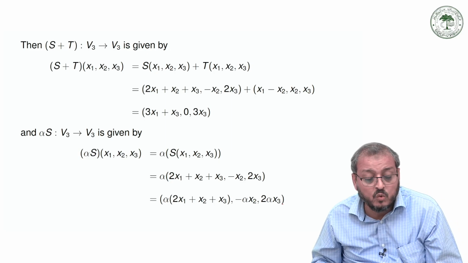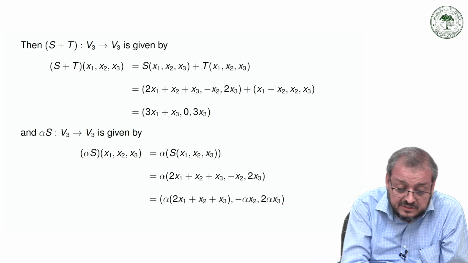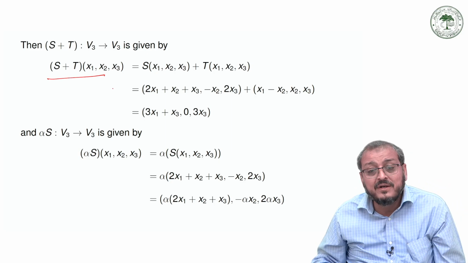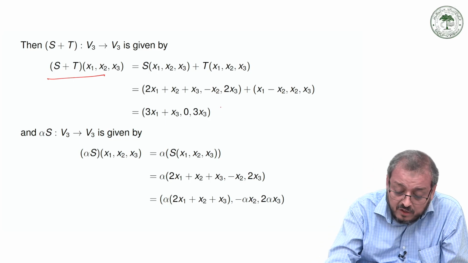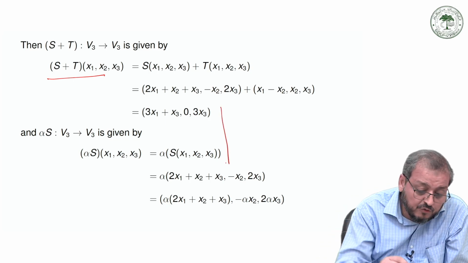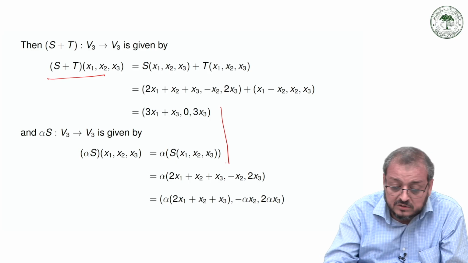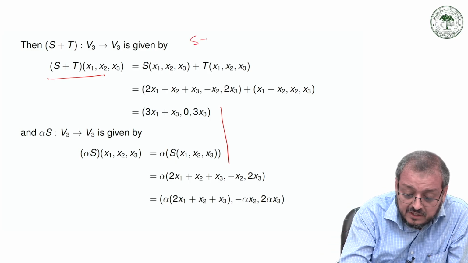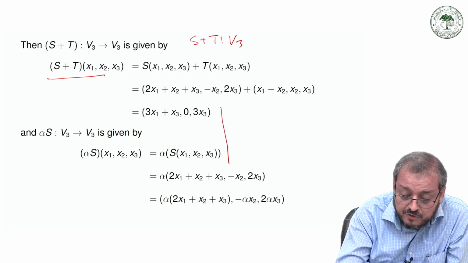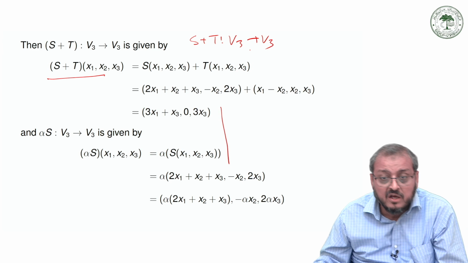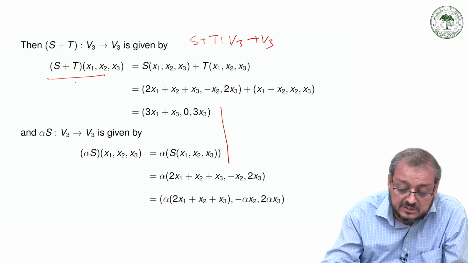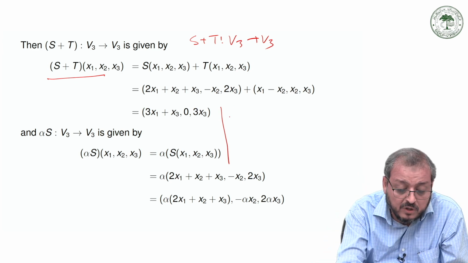Now, let's look at what this s plus t is. Let's find the dimension of s plus t, because s plus t is also a map from V3 to V3. So, let's find the kernel of s plus t.